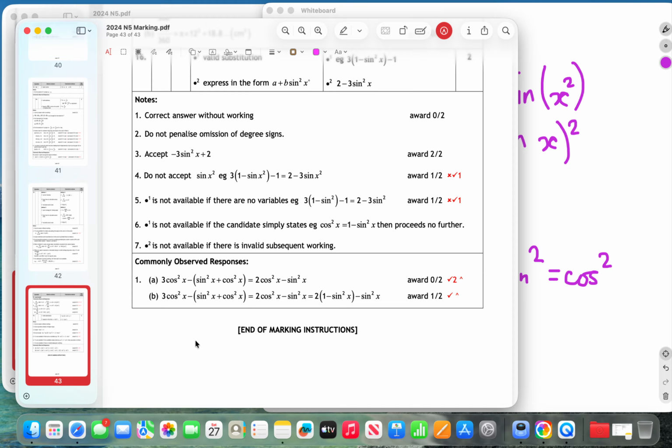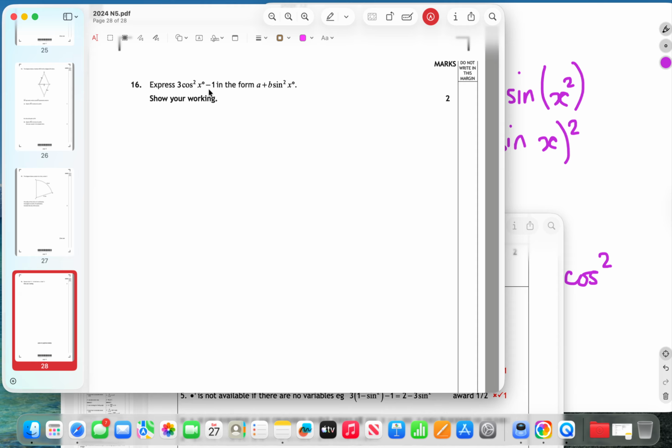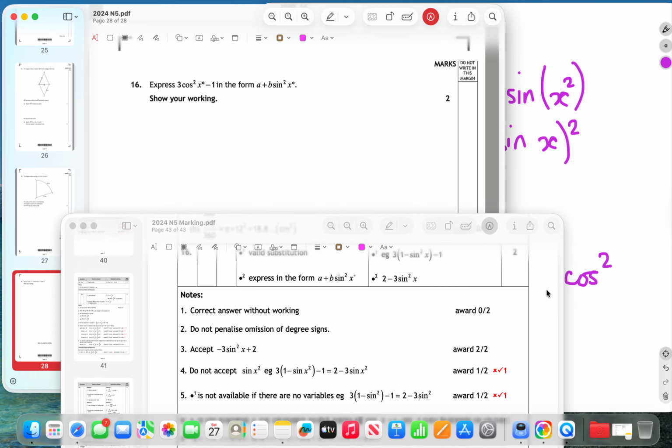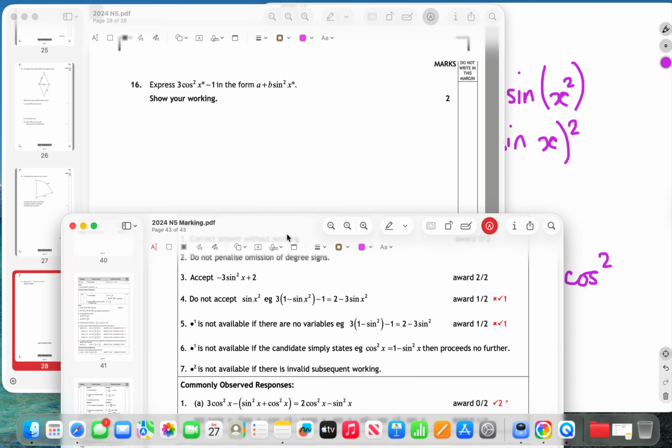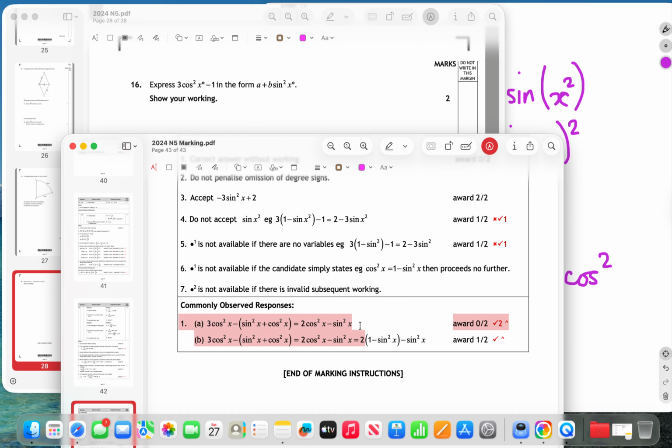And the common issues that we had were pupils correctly put that the sine squared x plus cos squared x equals 1 because it does, but they substituted the 1 for sine squared x plus cos squared x, and they ended up with this.